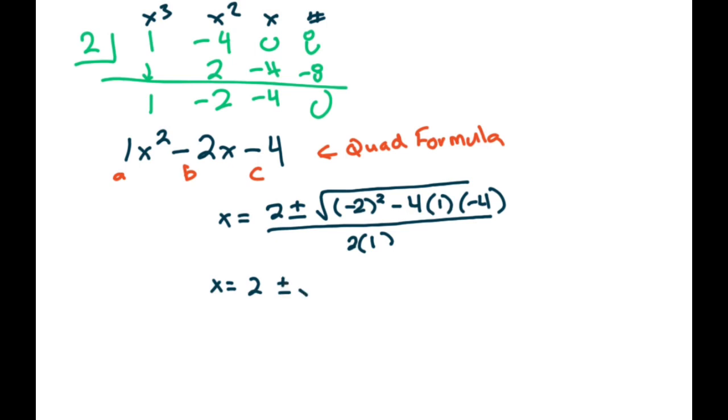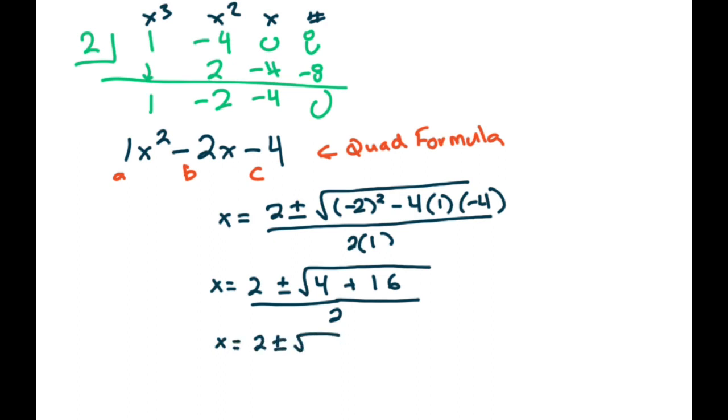So 2 plus or minus the square root, this would be a +4 plus 16 all over 2. This would be the square root of 20 over 2. Now the square root of 20 we can simplify. This is the square root of 4 times the square root of 5. The square root of 4 is 2.